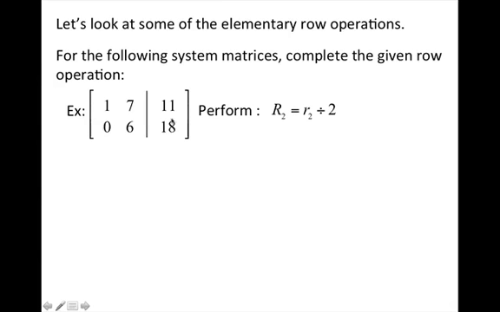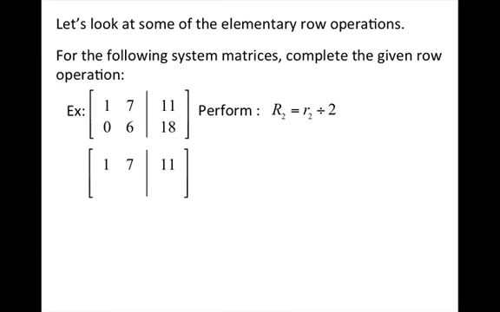So that means my row 1 is not going to change. I'm going to only change row 2 because that's my capital R. I'm going to divide every number by 2. And like I said, some books don't like you to divide. They would say multiply by 1/2. But in this class, we're going to divide.